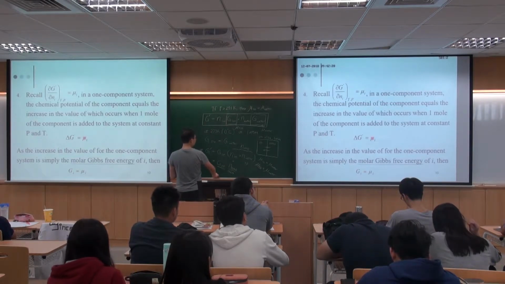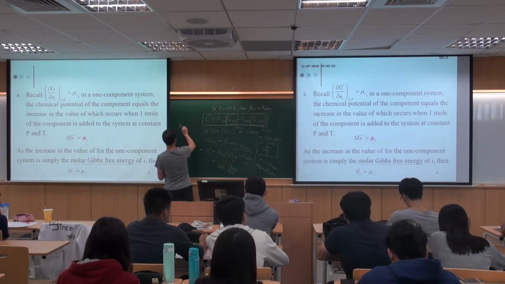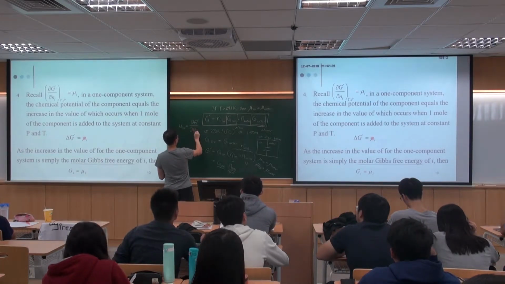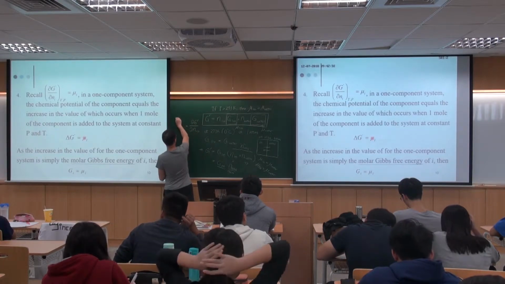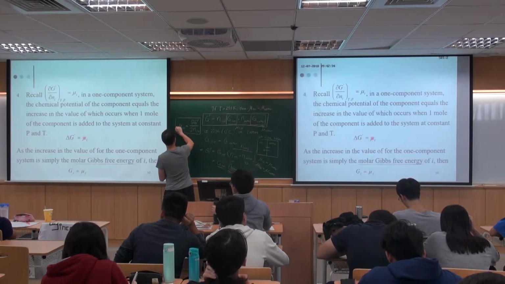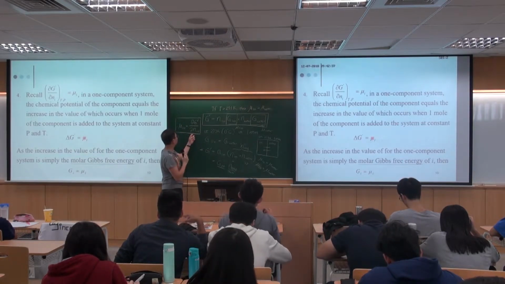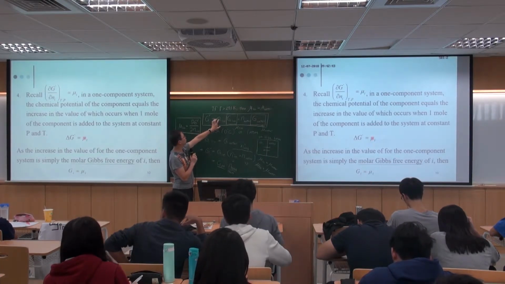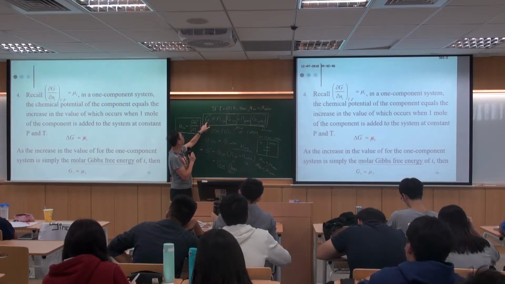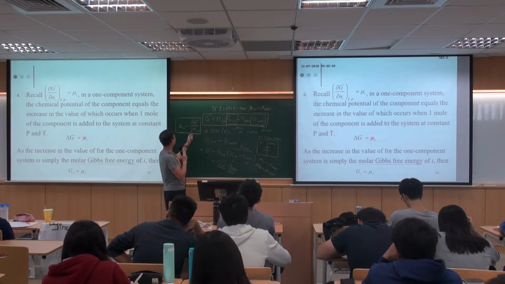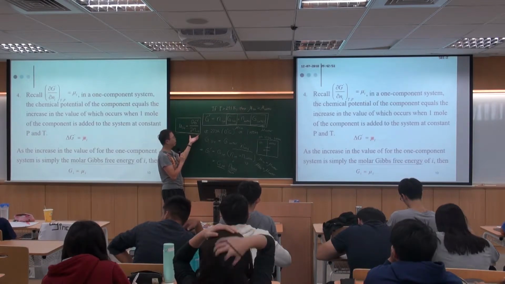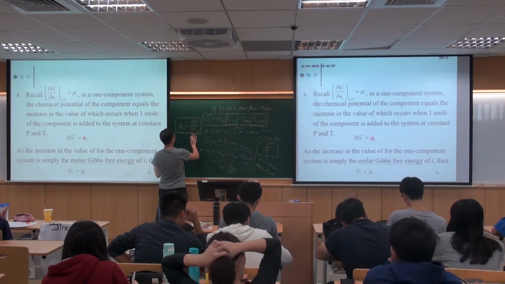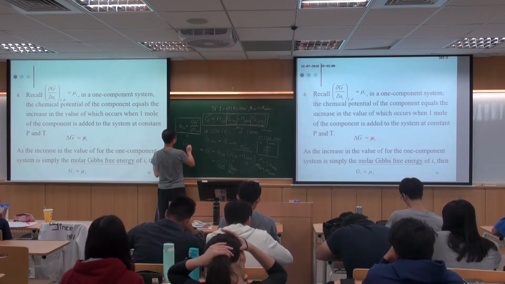So again, let's say mu ice is partial G prime, partial N ice. Okay, something like this. And you can say that if you add 1 mole of ice into this whole system, the G prime will be increased by a certain amount, right? And that can be expressed as a ratio like this. Okay, so this whole thing is the same as G ice.